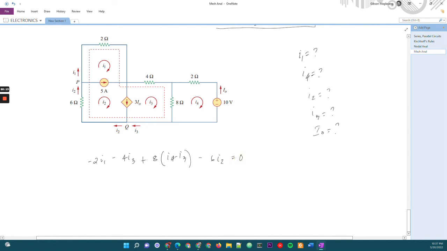Okay? If you simplify it, you should be able to get I1 plus 3 I2 plus 6 I3 minus 4 I4 equals 0. Okay? So let's label this as equation 1.